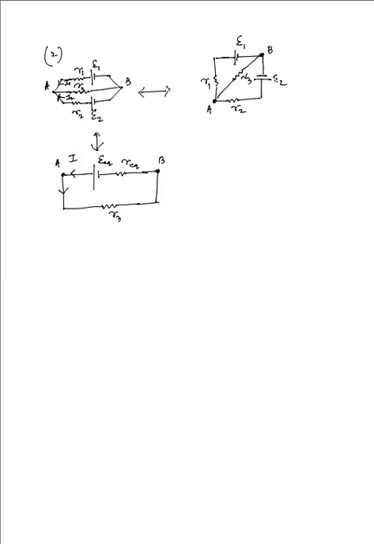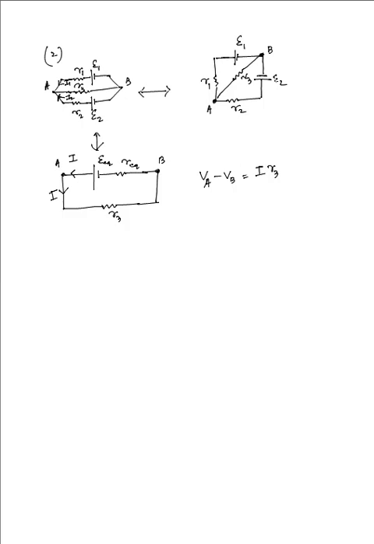VA minus VB can be obtained from the upper wire as well as the lower wire between the points A and B. Going by the lower wire, this is simply equal to the current that is flowing, I, multiplied with R3, I remaining in our sense taken as positive. We wish to determine this.